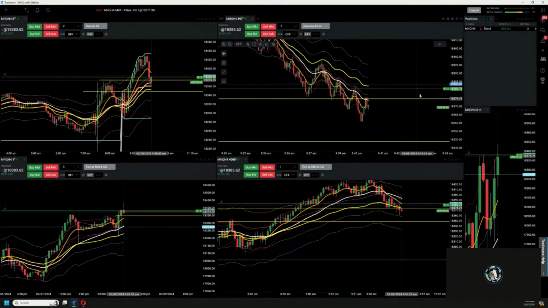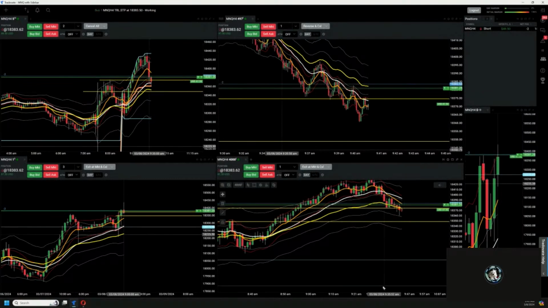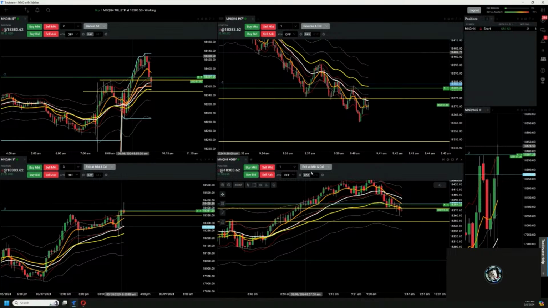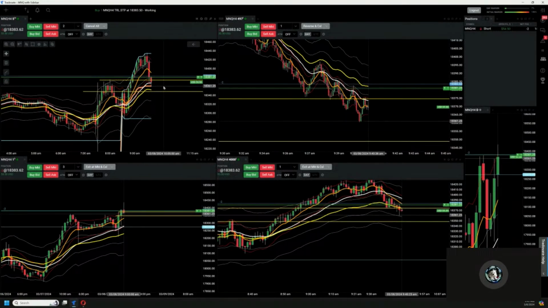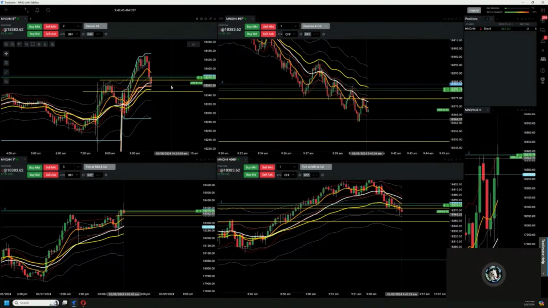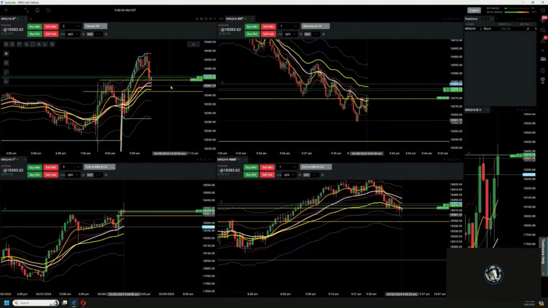Order filled. Well, we did hit the 50% of the OR right now. So we have to see how that reaction zone plays out. Got to give it at least one bar here on chart 1.